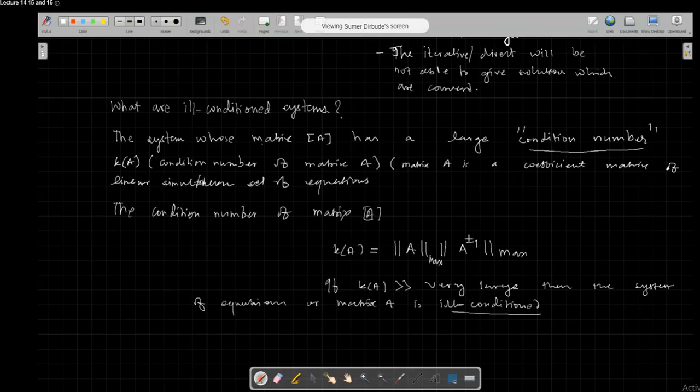An ill-conditioned matrix will not give you a solution by any means. It will create difficulty in getting convergence. The range of kappa A is from 1 to infinity.